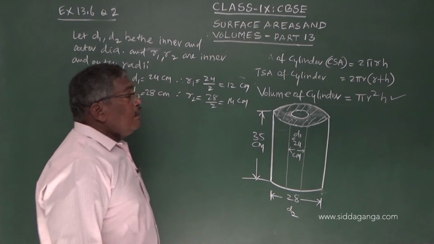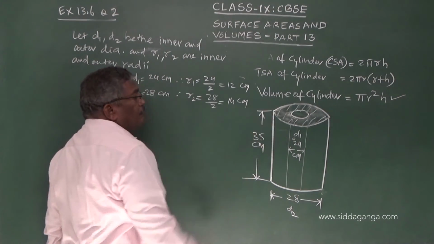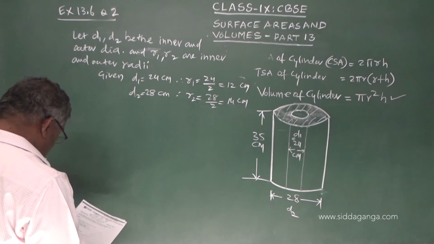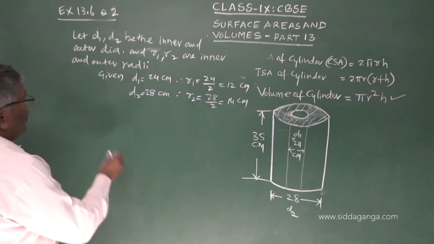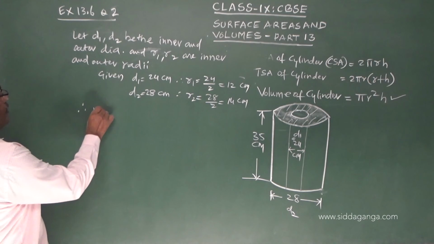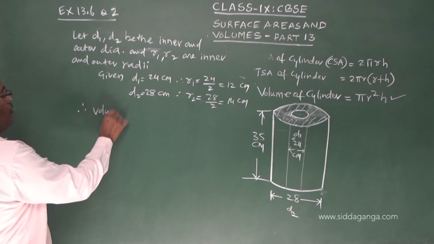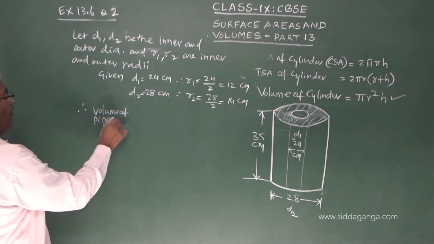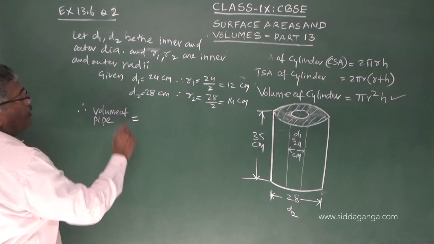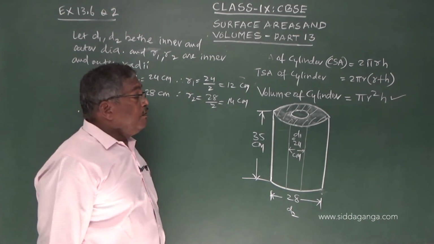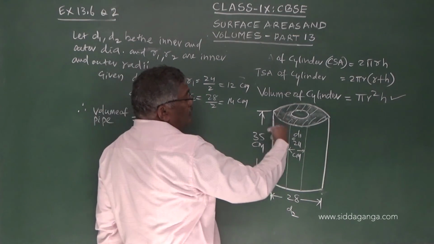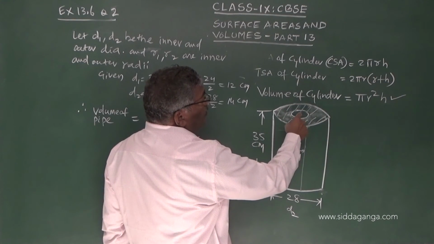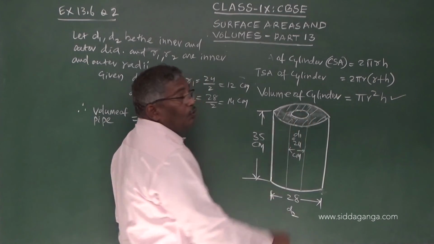So therefore volume of pipe will be equal to the volume with the outer, and we have to subtract the hollow portion.